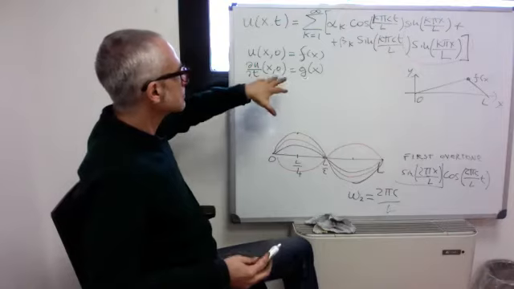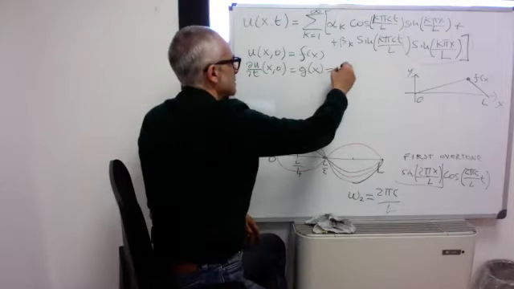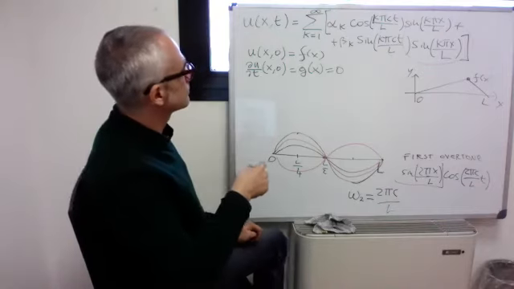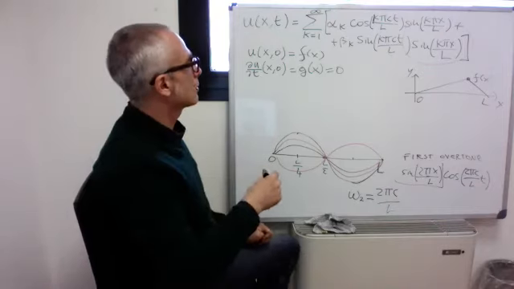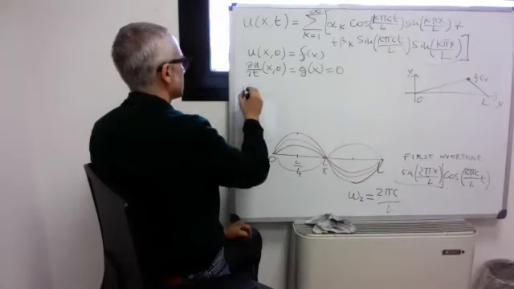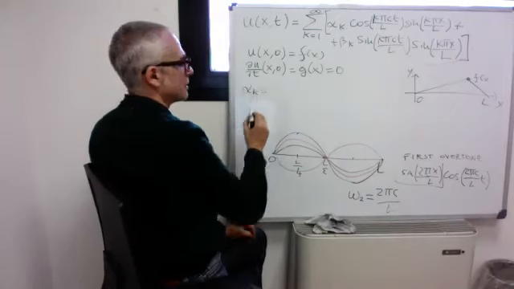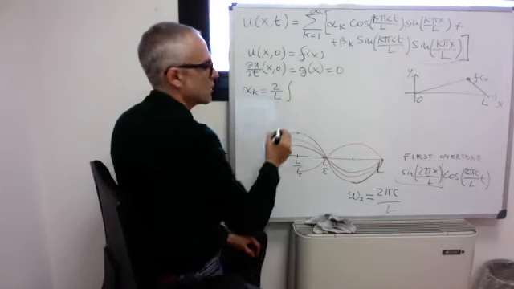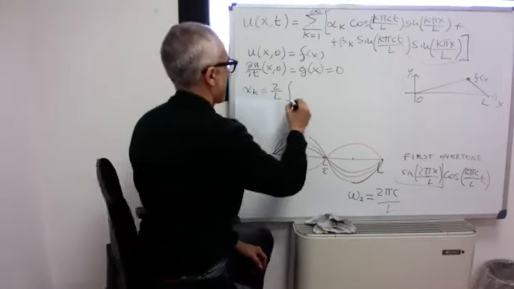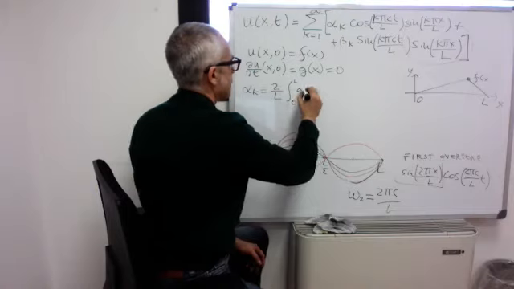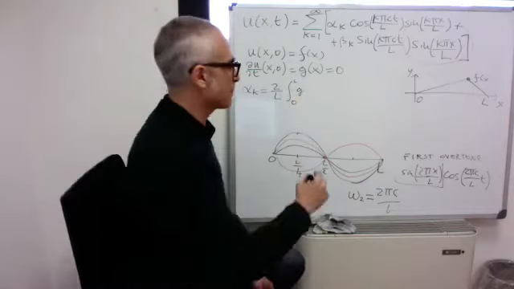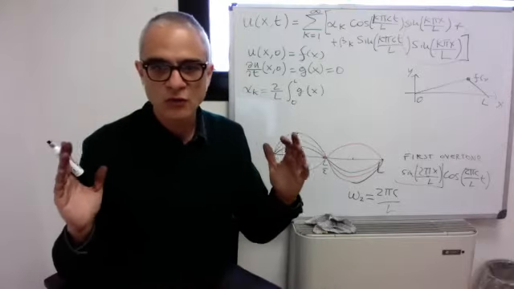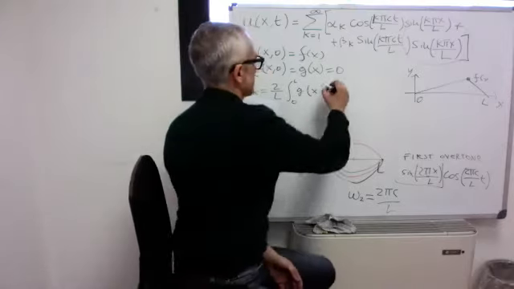So let the initial velocity be 0. Keep it simple. Then I showed you that the coefficients up there are determined numerically by these two equations, which we obtain using the properties of the integrals of sine and cosine over a fixed length.